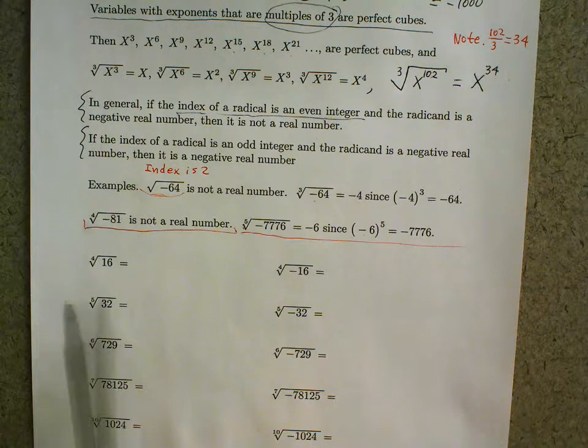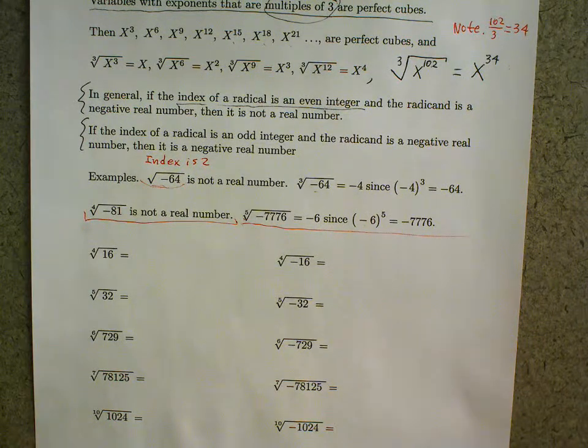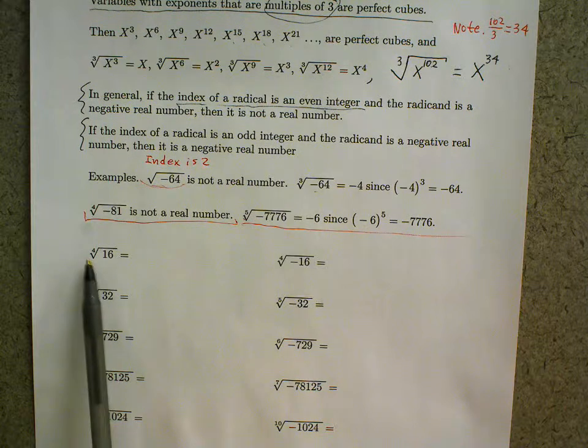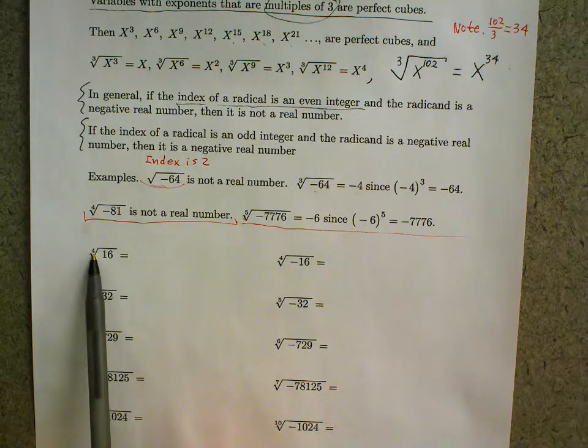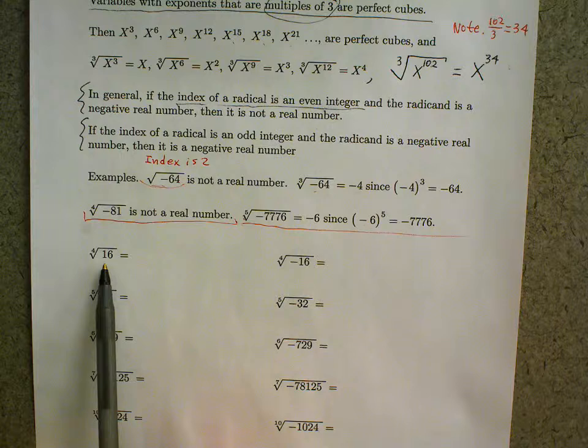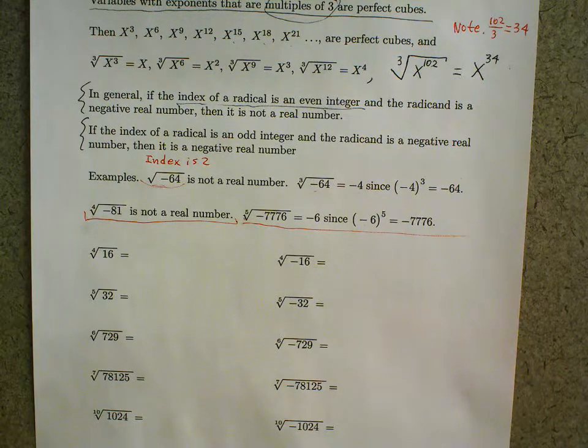Okay, let's try a few of these examples. The fourth root of 16. The index is 4. The radicand is positive 16, so it's equal to a positive real number. So how do we simplify the fourth root of 16?